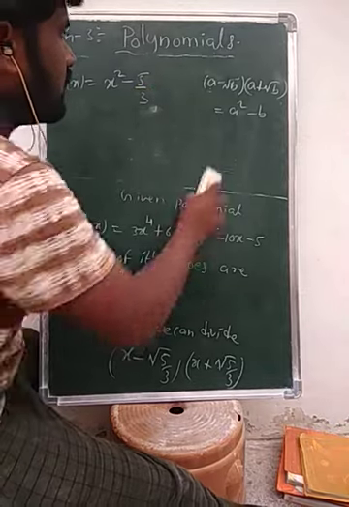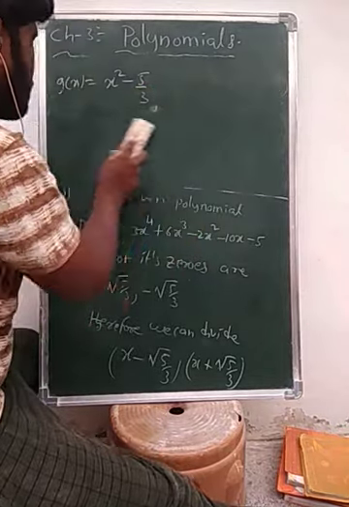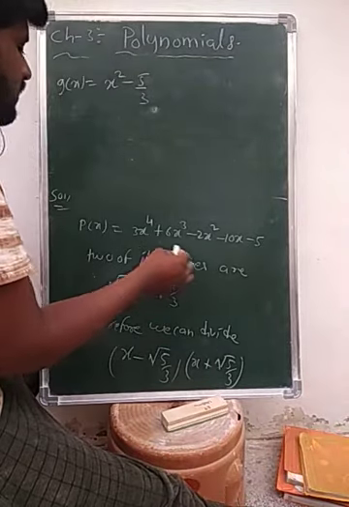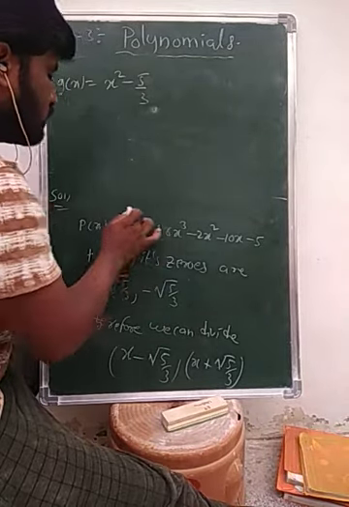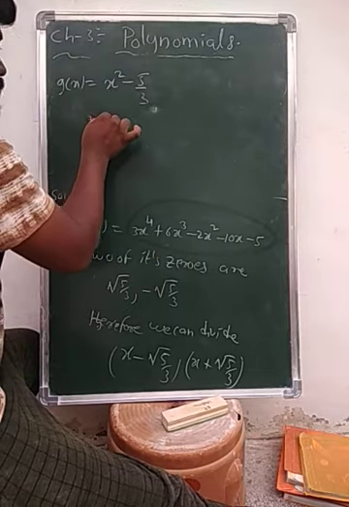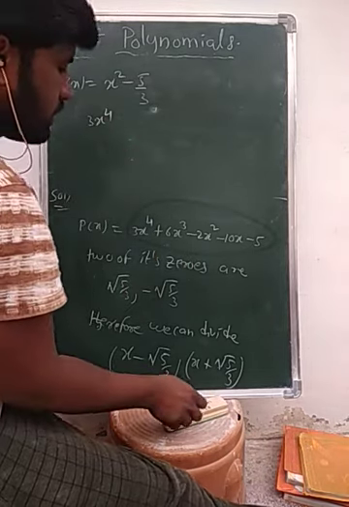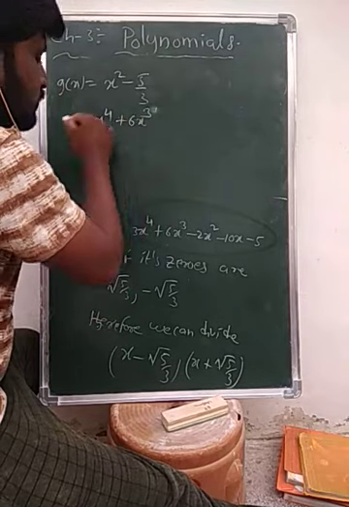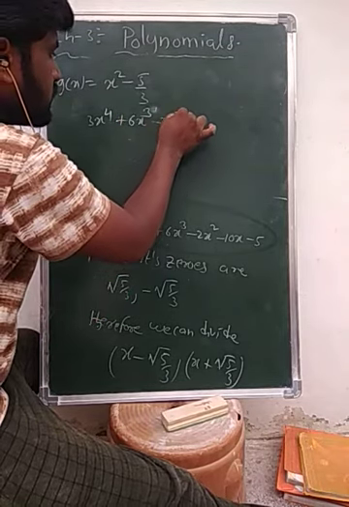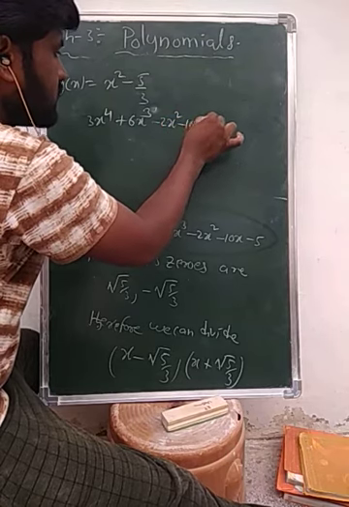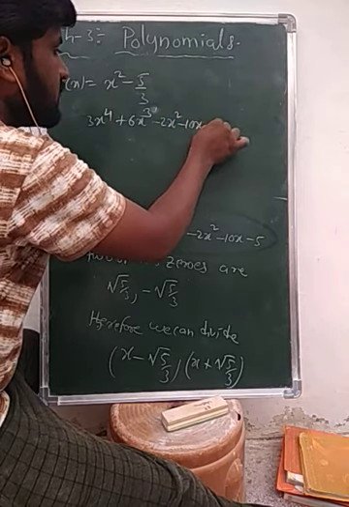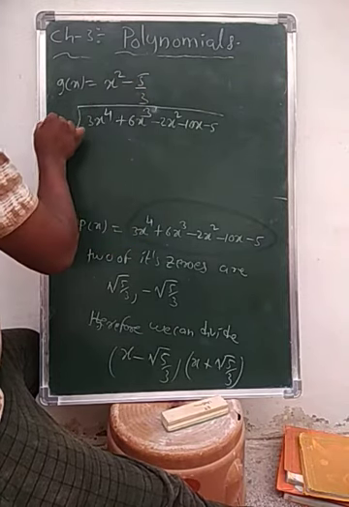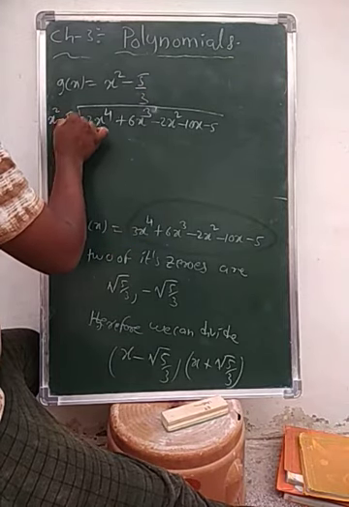Okay, now let us go for the division. I am dividing this polynomial, that is 3x power 4 plus 6x cube minus 2x square minus 10x minus 5, with g of x, that is x square minus 5 by 3.